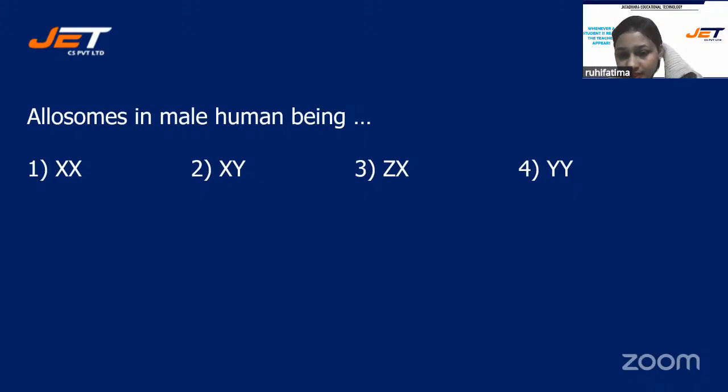Kanna is saying 2. Sudhakar Reddy is also saying 2. Neha, Chandu, Harika, you all are saying 2. And you all are correct, students. Well done. XY is the right answer. Next one.